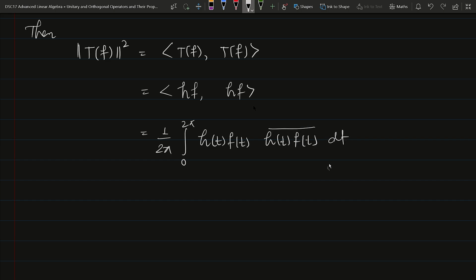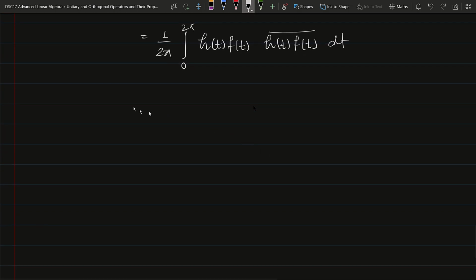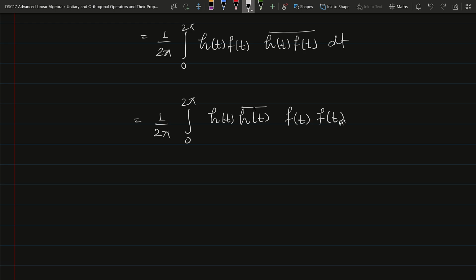Okay, you know the integrand can be written as 1 upon 2π integration from 0 to 2π, and this equals h(t), we can write this as then h(t) bar, right? We can distribute this bar here. Then we have f(t) and f(t) bar dt.